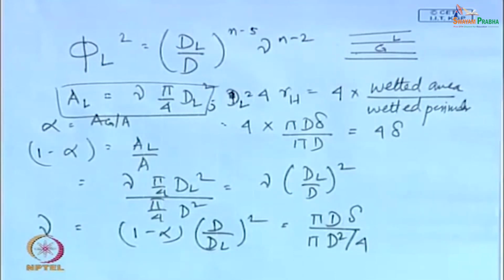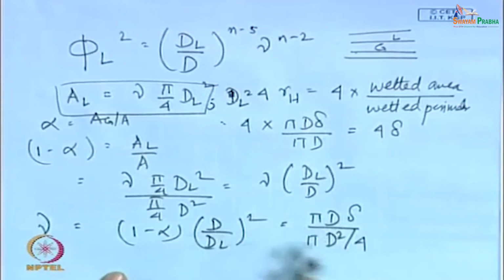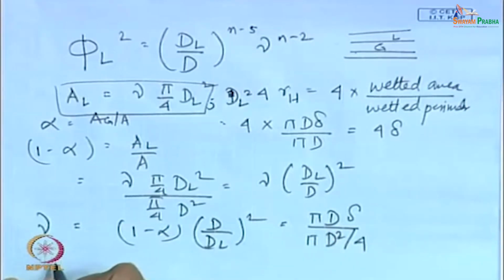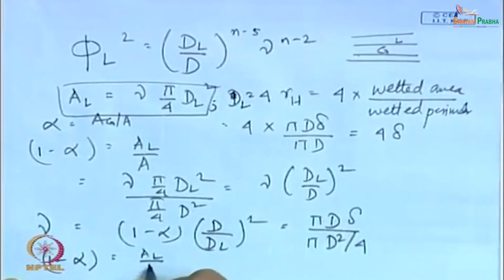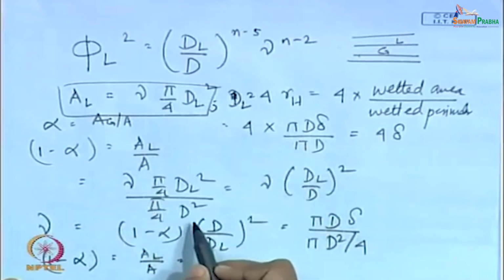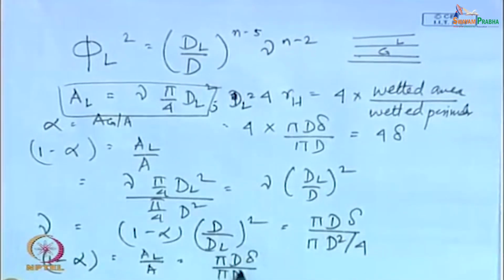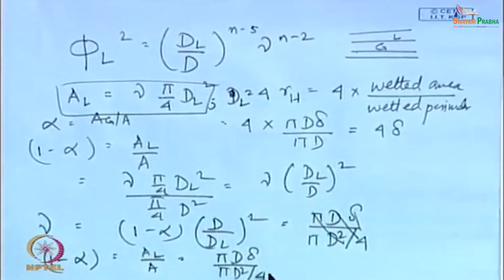Under those conditions, from flat plate assumptions, we can write 1 minus alpha equal to A_L by A, which is nothing but gamma pi by 4 d_L square by pi by 4 d square, or this can also be written as pi d delta by pi d square by 4. Can I write this? Agreed.